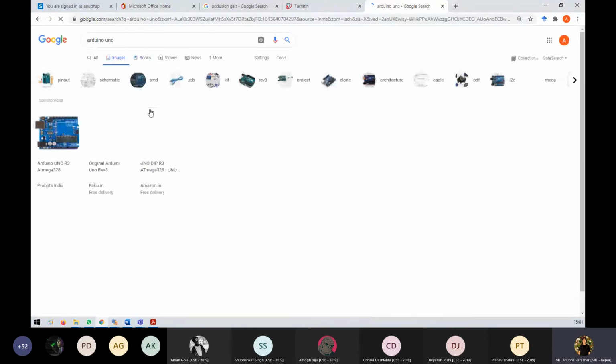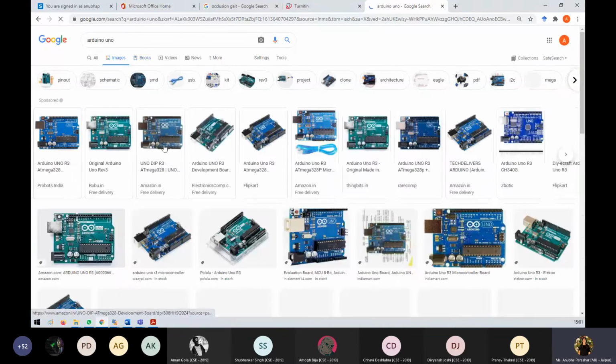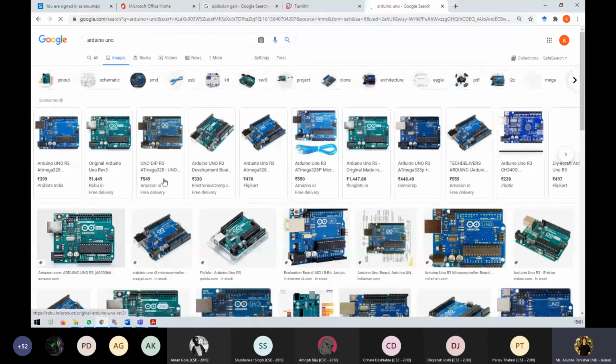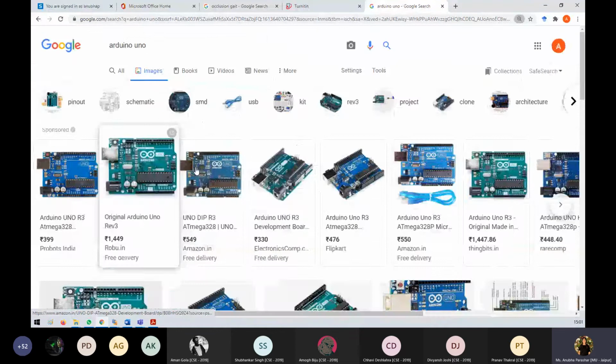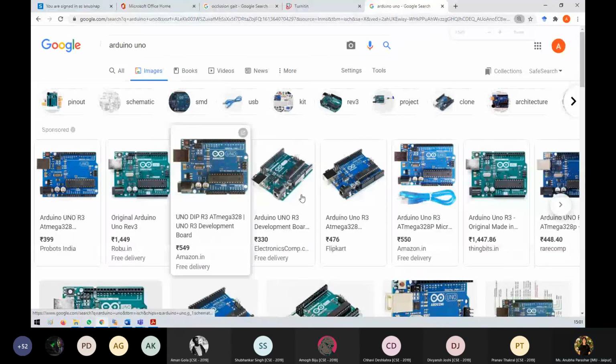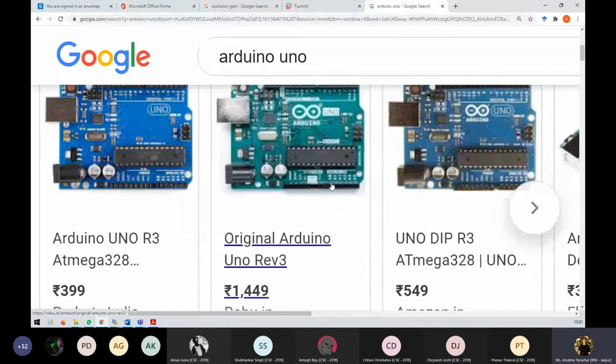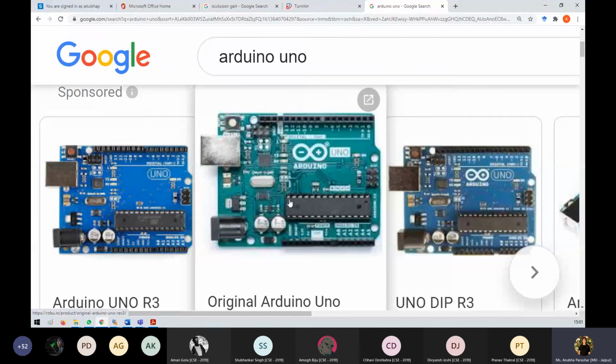I come back to 8086, but usually we use this in IoT, so it is easy to understand. This is the IC and this is the processor that we are talking about. The hardware part will not go into detail, but it consists of transistors, resistors and ICs, and that's how it performs the operation. The pins we are talking about are these pins, this one, this one, this one.